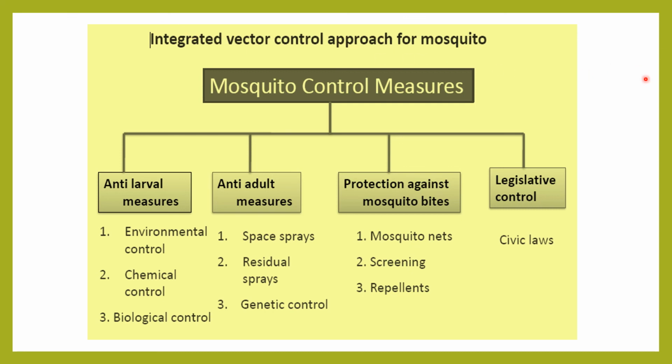So to summarize, in this lecture we have seen the definition of integrated vector management, then we saw the evolution of integrated vector control approach, then the basic concepts in the implementation of integrated vector control, then again actual implementation strategies and various key elements of the integrated vector approach.